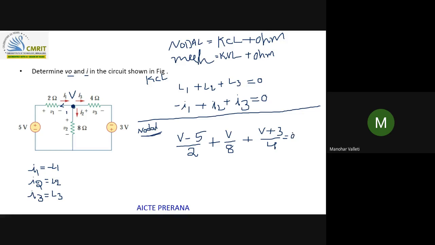Can you solve and tell me how much you got for V? So V equal to 2 volts.